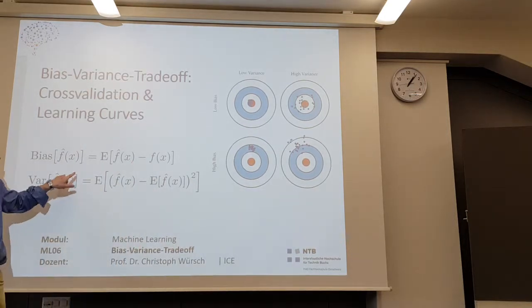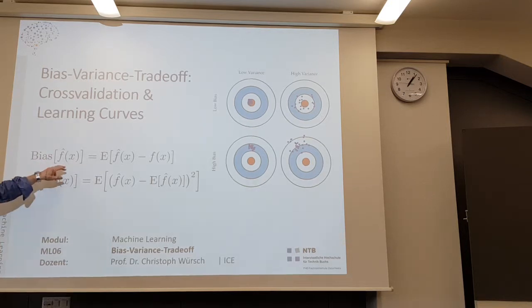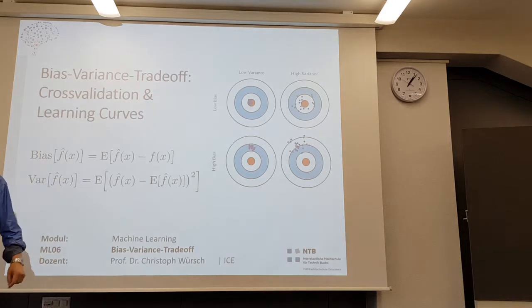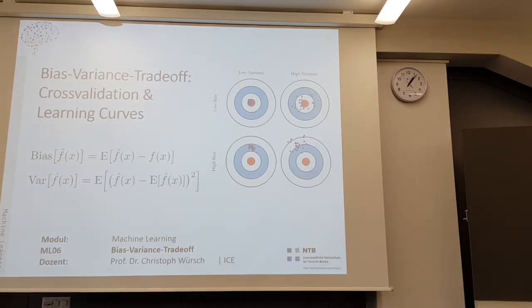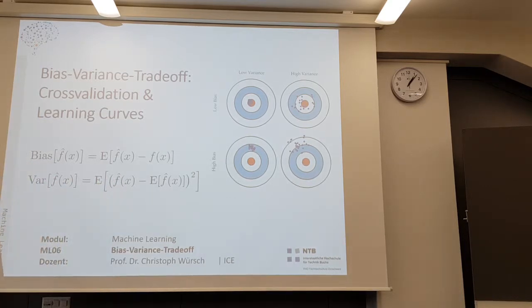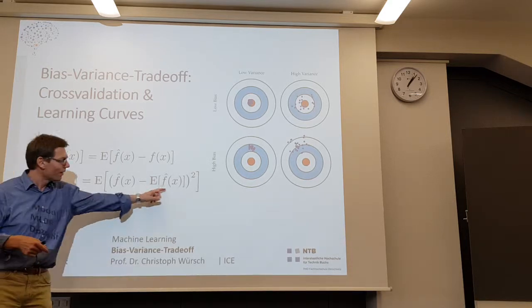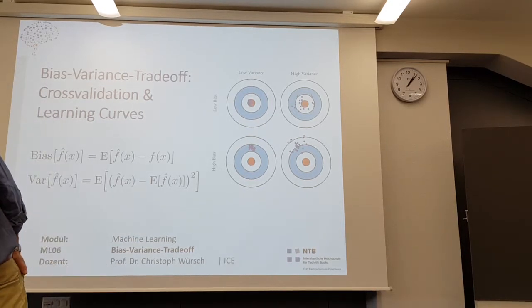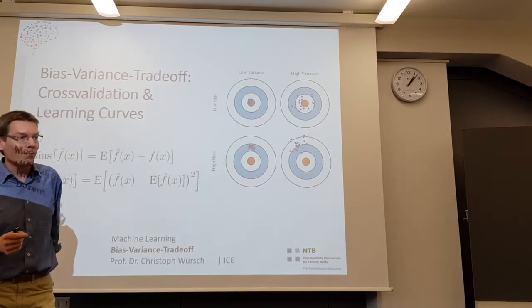We want to have an estimator that has a minimum offset from the true values, so that the expectation value E is minimum. But the second thing is we also want the spread of the data to be smaller compared to the measured data. That's called the variance. It's the second moment of the statistics here. It's the squared distance, and the expectation value of that. So we want to have both of them small.